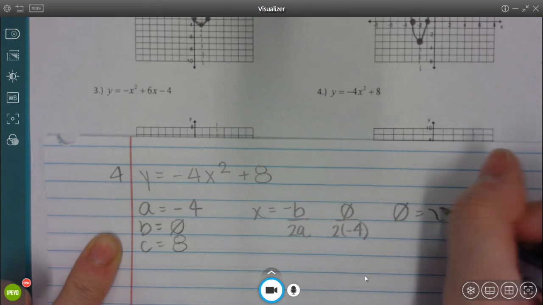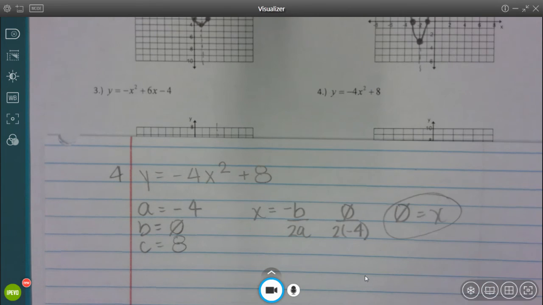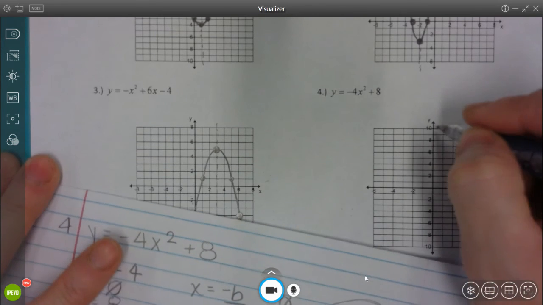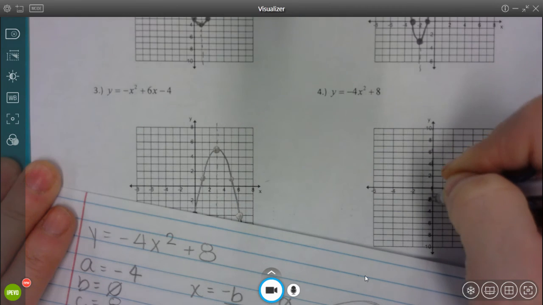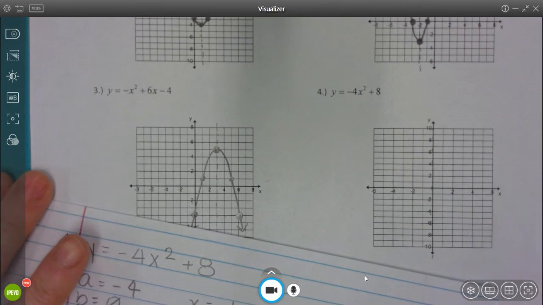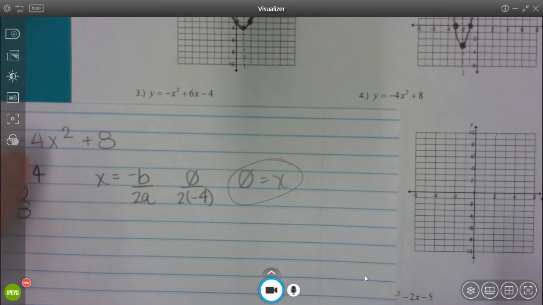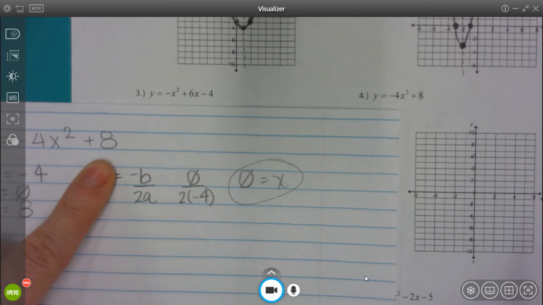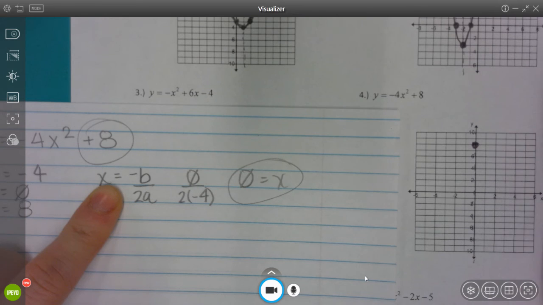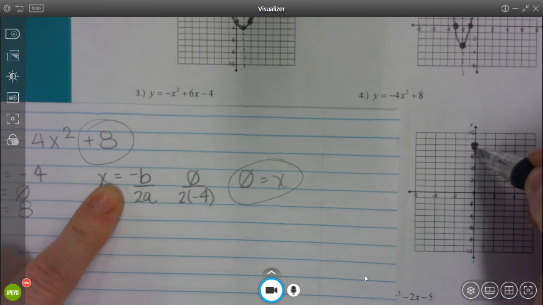So now my axis of symmetry is the x-axis. So everything is going to be symmetrical around my x-axis. So we aren't going to be able to use my y-intercept point as a point that I can reflect because, when my document camera unfreezes, there we go, it's on the axis of symmetry.